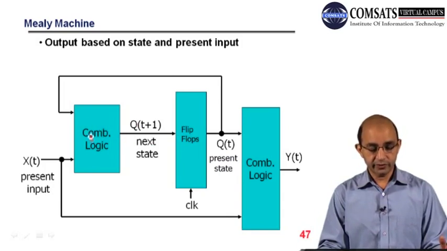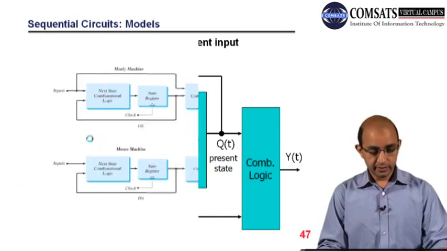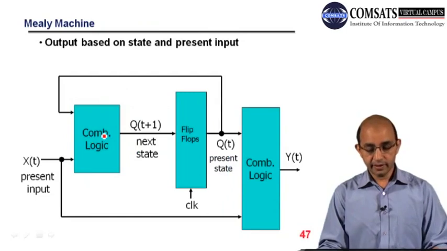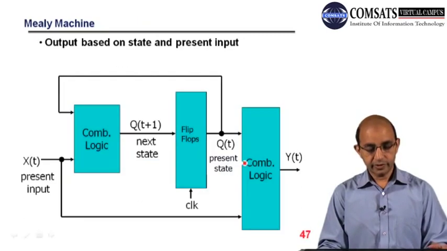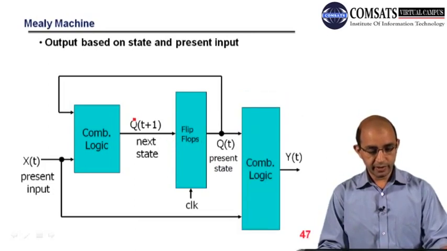This is the logic for the next state, and this is the combinational logic for the output. This is the sequential part, and it is used to store the states, or this is the memory. And again here you can see that this is the Mealy machine.